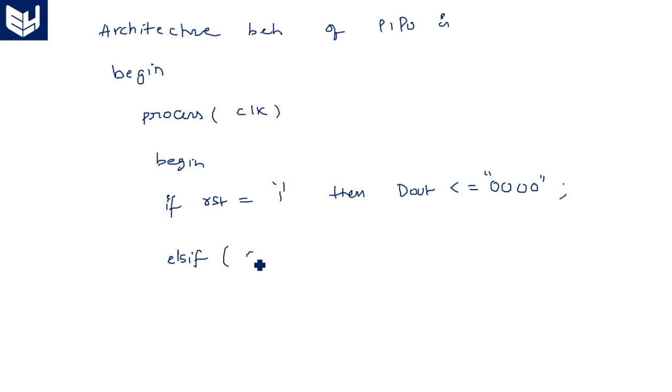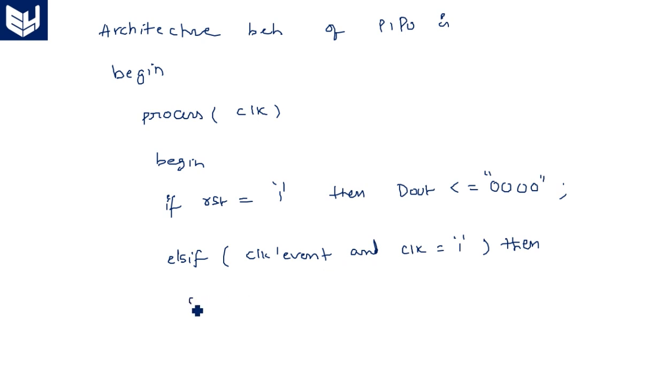After that, else if clock'event and clock is equal to 1, or you can also write it as rising edge of clock. That simply says the clock is changing from 0 to 1, which is a clock event.